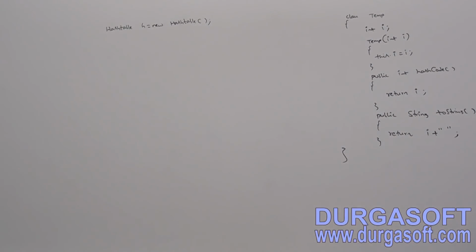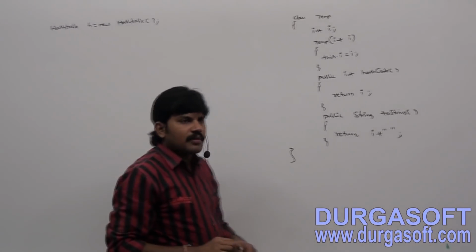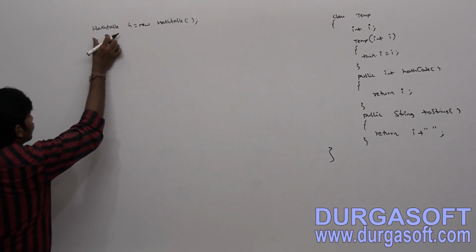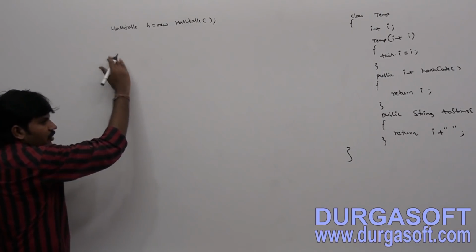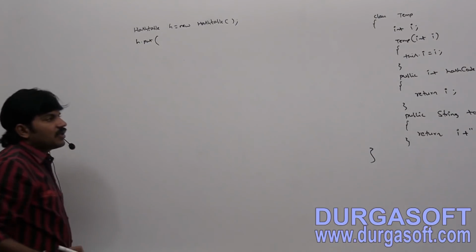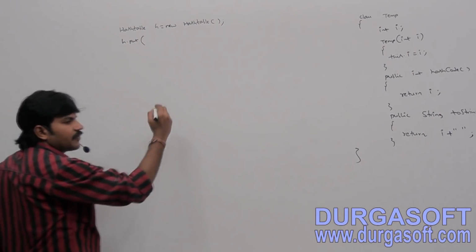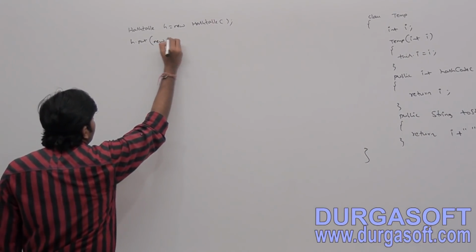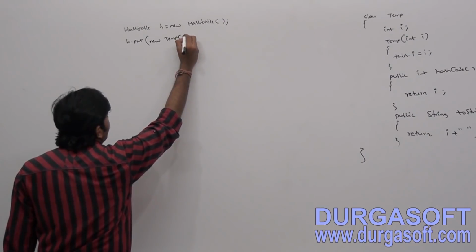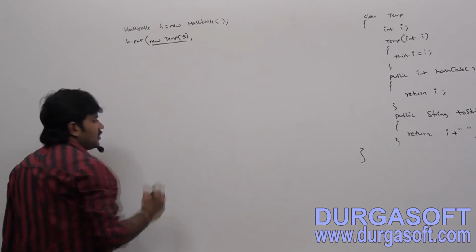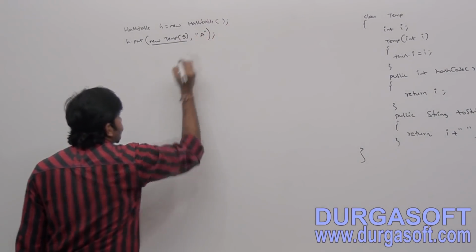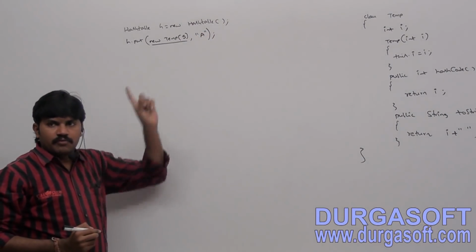I'm creating the Hashtable object and trying to add some key value pairs, h.put(...). Can you tell what is the key? You can see from the screen. The key is new Temp(5), and A itself is the value. One key value pair we added.